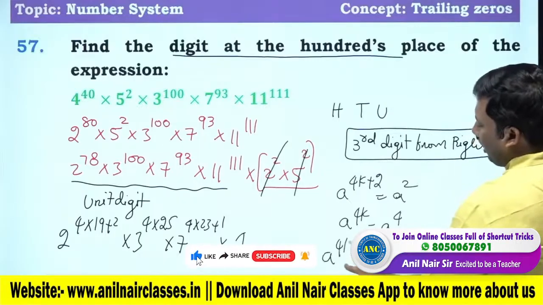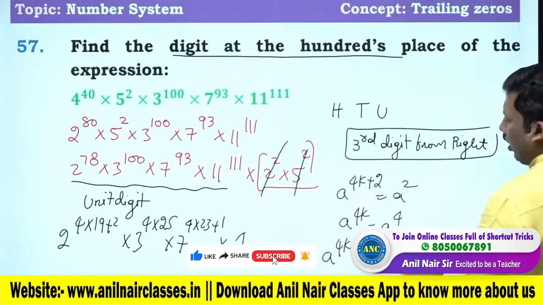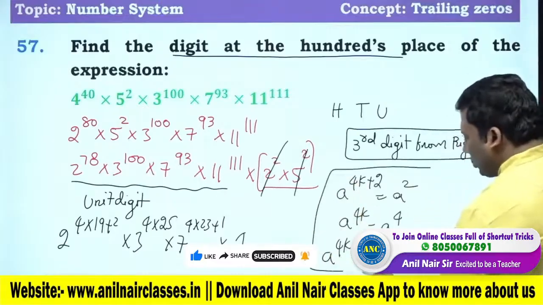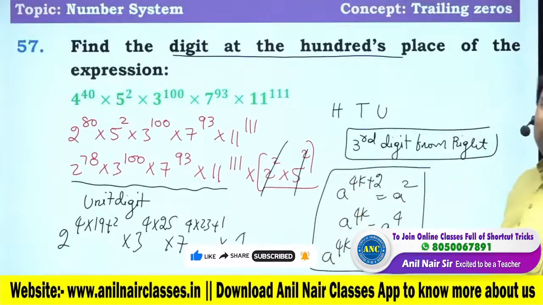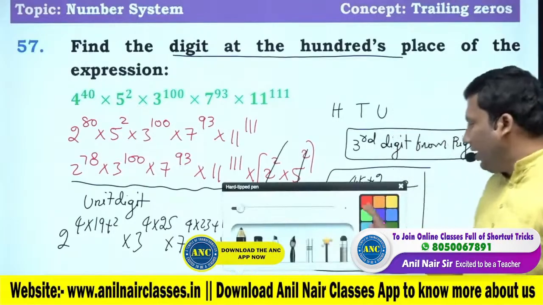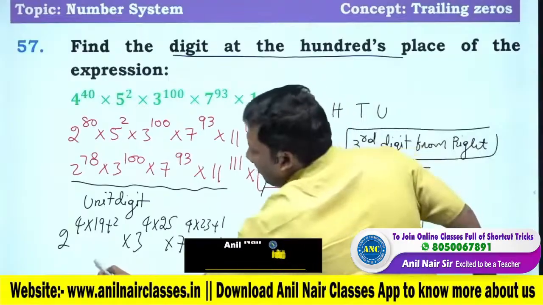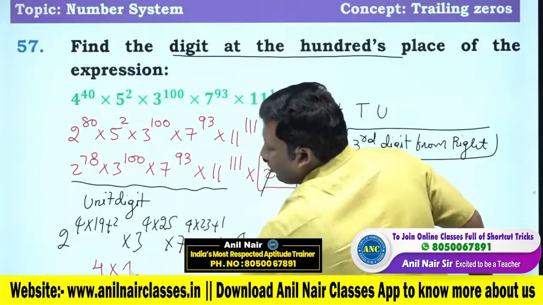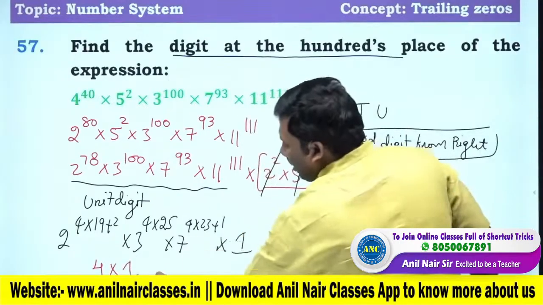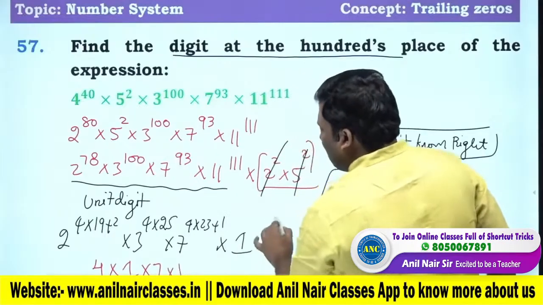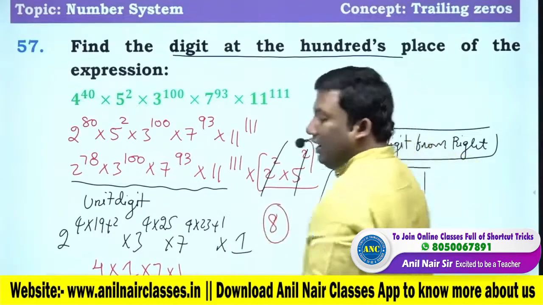A power 4k plus 1 is a. Already we discussed a good number of sessions related to finding the unit digit of a number. So this will be 2 square, which is 4, 3 power 4 which is 81, into 7 into 1. Digit at the hundreds place is 8.